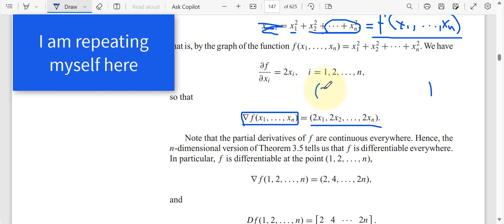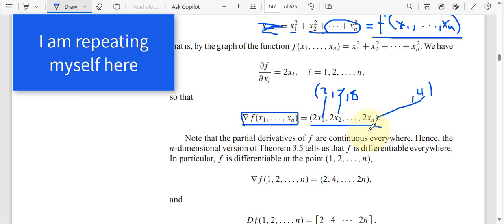So we could say like when x1 is 2, and x2 is 7, and x3 is 8, and all the way up to xn is like 4, something like that. So we could say, well, what is the gradient at this point? Because the gradient looks like this. We can ask, what is it when we put 2 into x1 and 7 into x2 and 8 into the next one, and 4 into the last one? We can say, well, what is that?